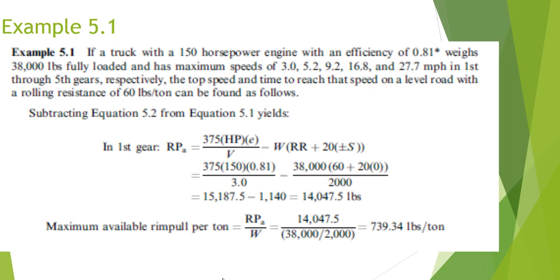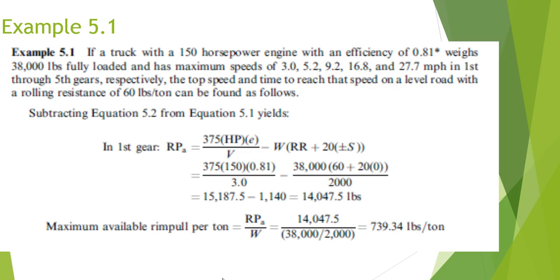The vehicle weighs 38,000 pounds fully loaded, and it has 5 gears in the transmission. And again, this is probably a manual transmission, although you can have an automatic transmission that you can shift through the gears, and many of the modern trucks are like that.